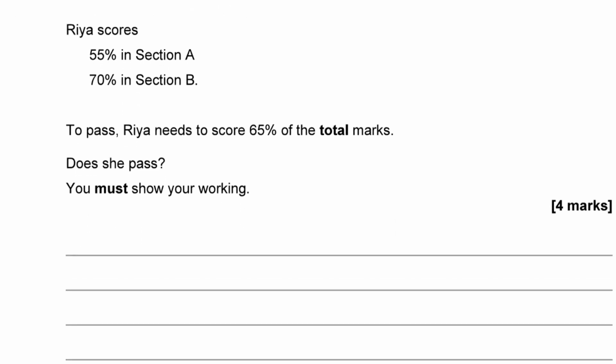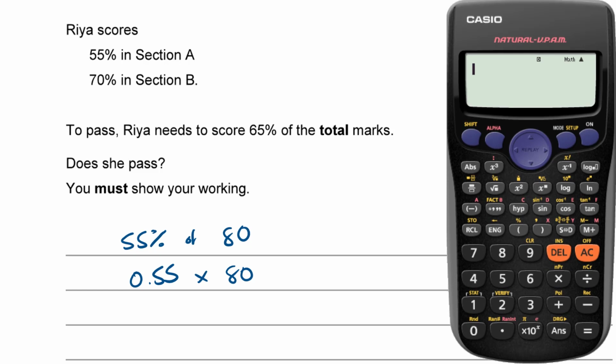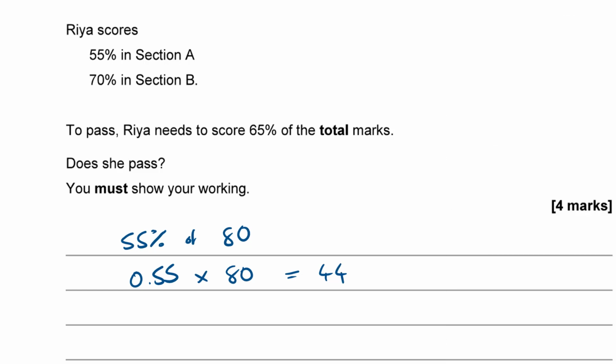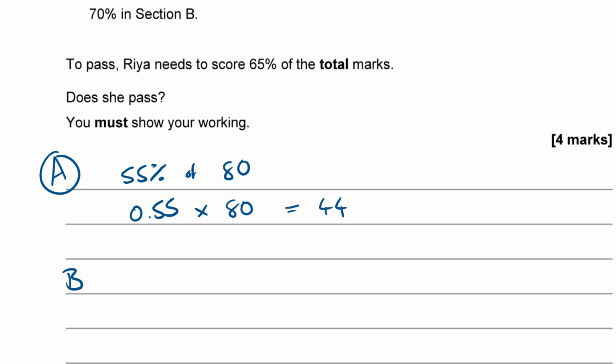So what we're doing, what is 55% of 80? That would be 0.55 times 80, using 55% as a multiplier. Tap that into the calculator. So 0.55 times 80 tells me she scored 44 marks in section A. Okay, what about in section B?